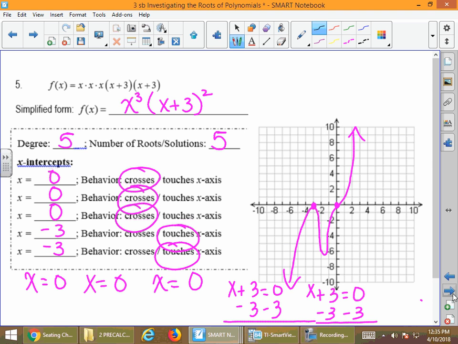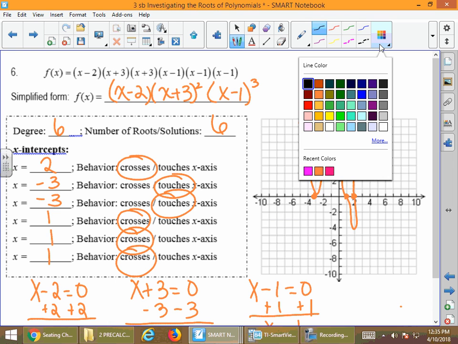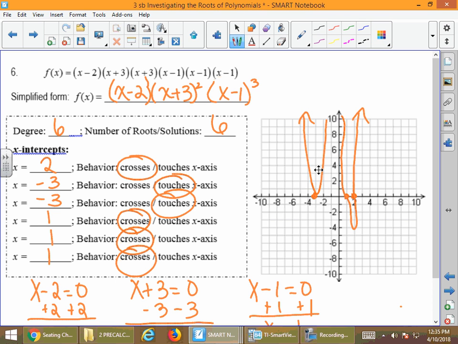Number 5. Exponent on the x is 3. Exponent on the parentheses is 2. 3 plus 2 is 5. Exponent on the x minus 2 is a 1. Exponent on the x plus 3 is a 2. Exponent on the x minus 1 is a 3. 1 plus 2 plus 3 is 6.